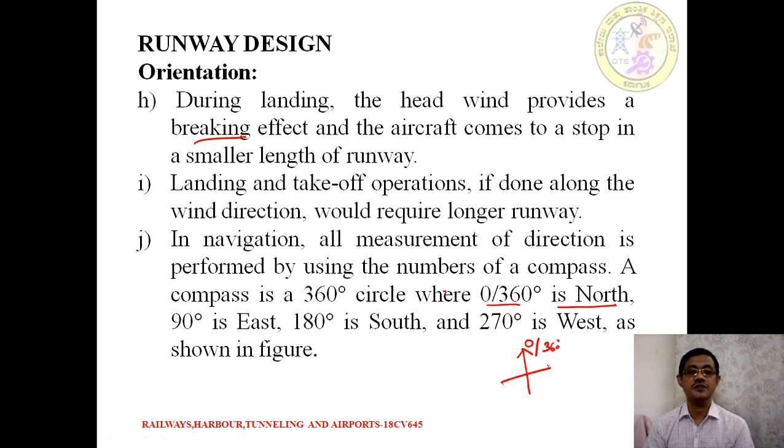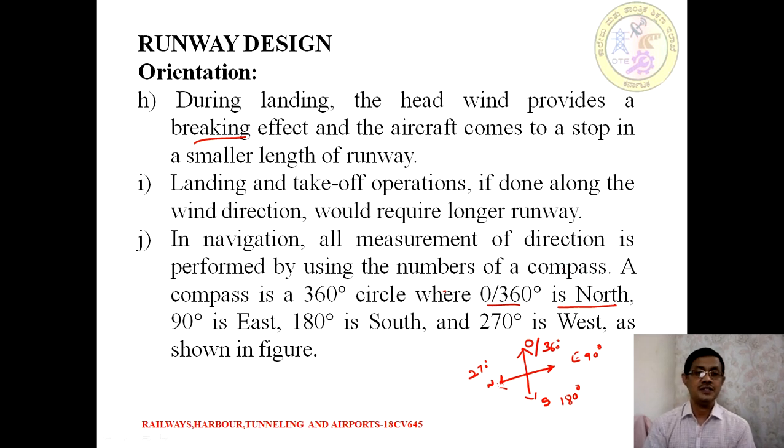Similarly, east is 90 degree. If it is the south direction, it is 180 degree. Similarly, the west direction is 270 degree. That is how the compass measurements are done.